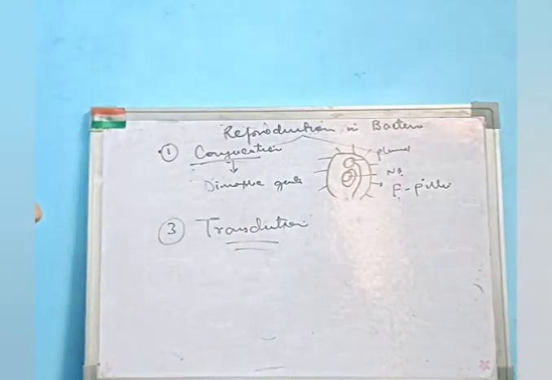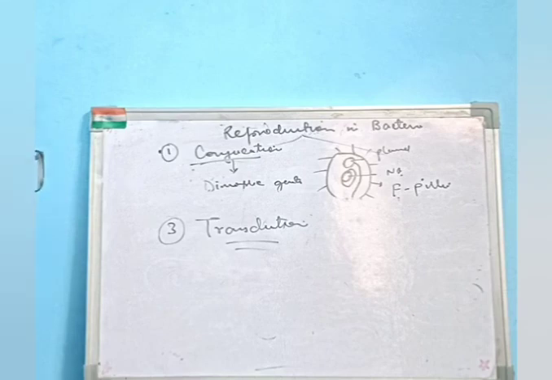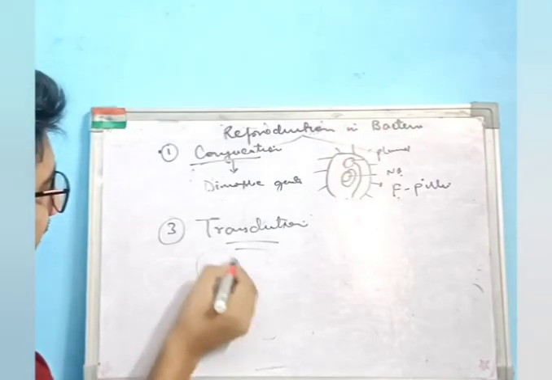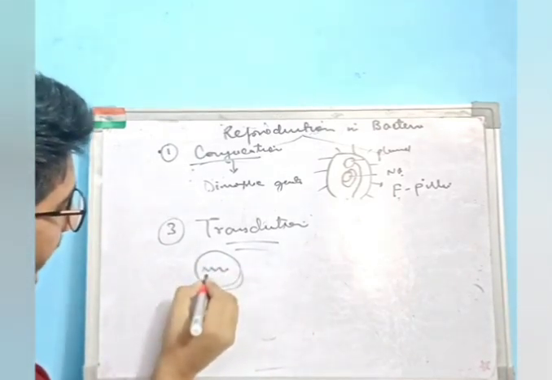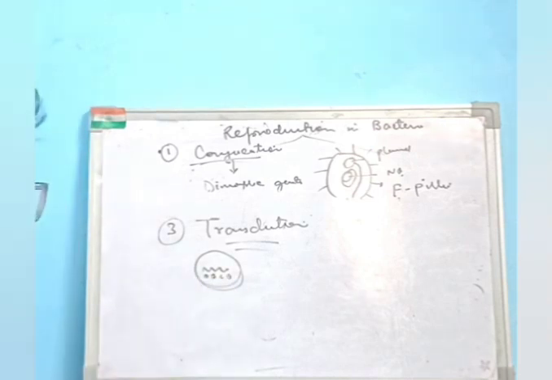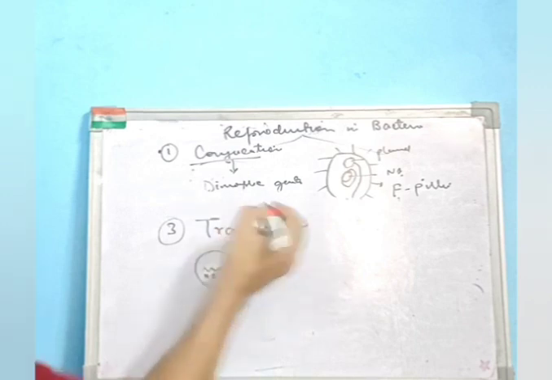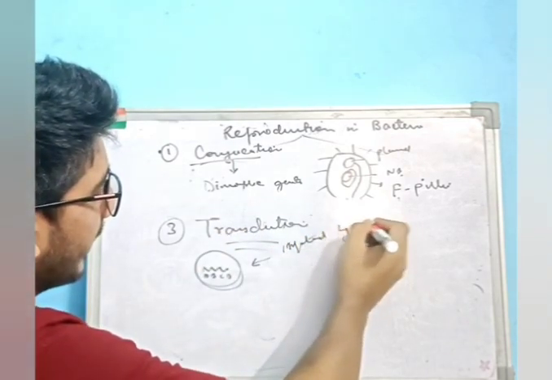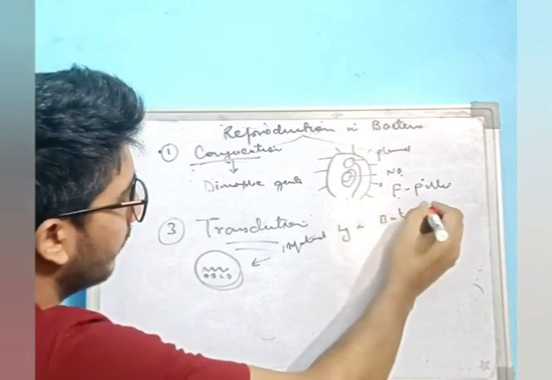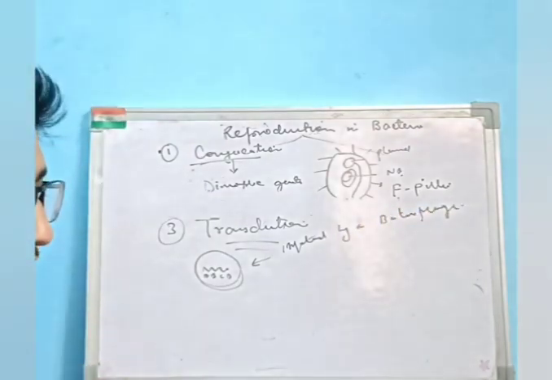Transduction is also a type of sexual reproduction, where the carrier of the gamete is actually a virus, the bacteriophage. For example, there is a bacterial cell which has its own DNA with genes A, B, C, D in the nucleus. It is infected by a bacteriophage, which is a virus.